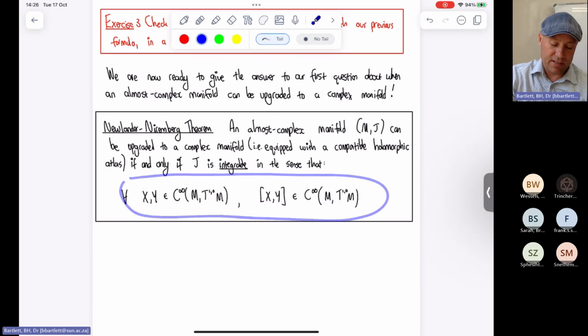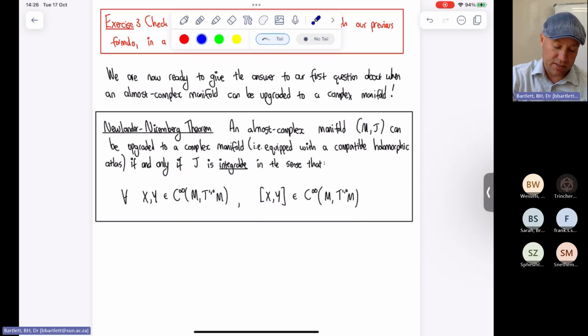It means that if you start with two smooth vector fields that are of type 1, 0, remember, each tangent space, when you complexify it, decomposes into these different parts on an almost complex manifold. And so I can talk about a smooth vector field of type 1, 0 or type 0, 1.